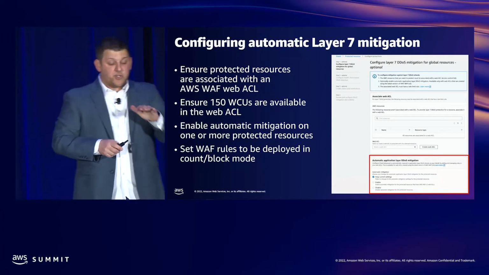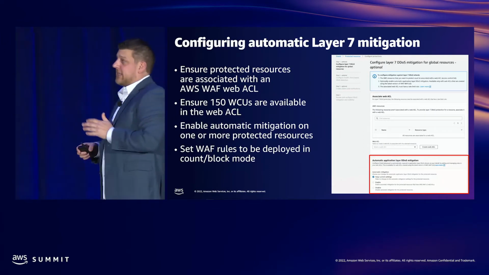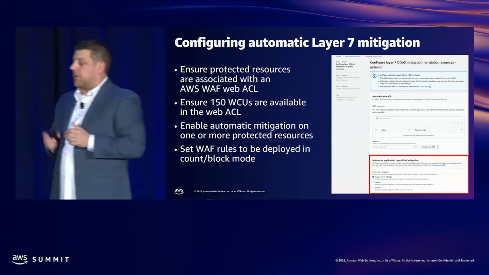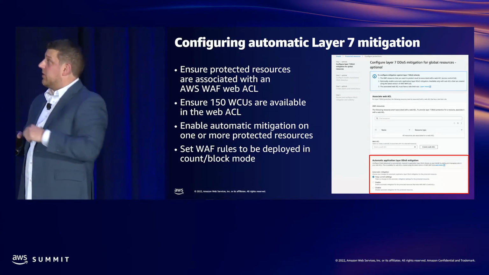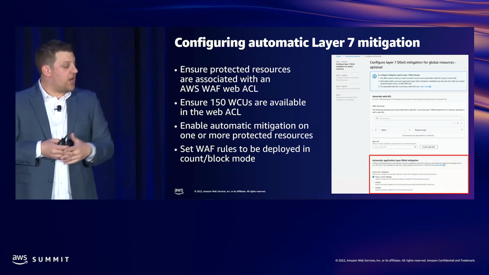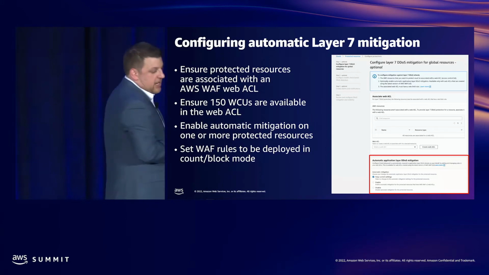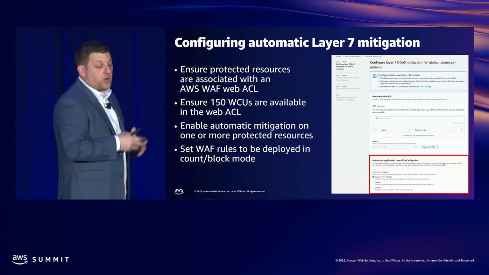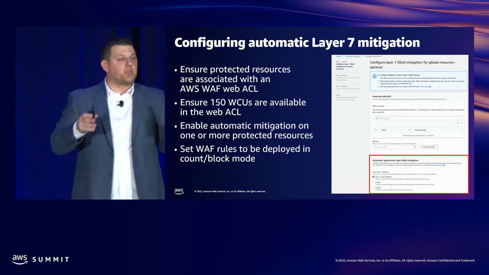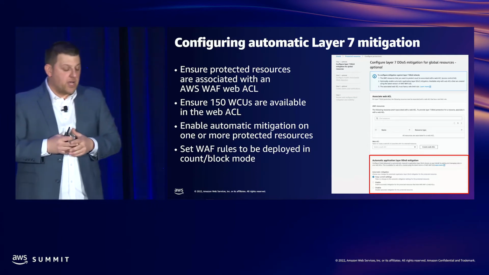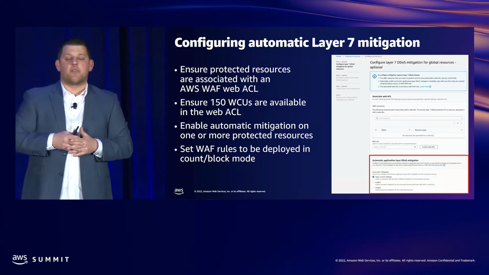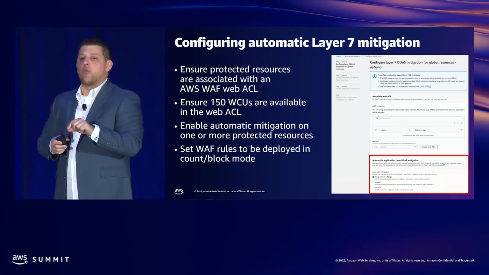Now this is a shot within the console, and again, like I said, when you set up this feature, it just walks you through in the console. So you're ensuring that the resource is protected by a web ACL. If you already have a web ACL in place and you're choosing from the dropdown, you have to ensure that you have enough WCUs within that web ACL.